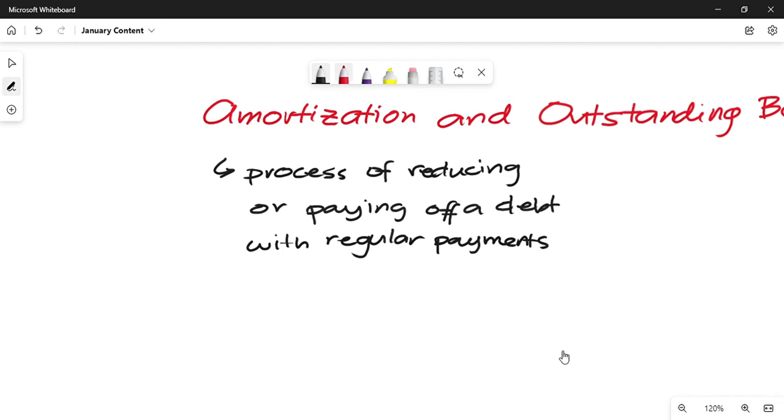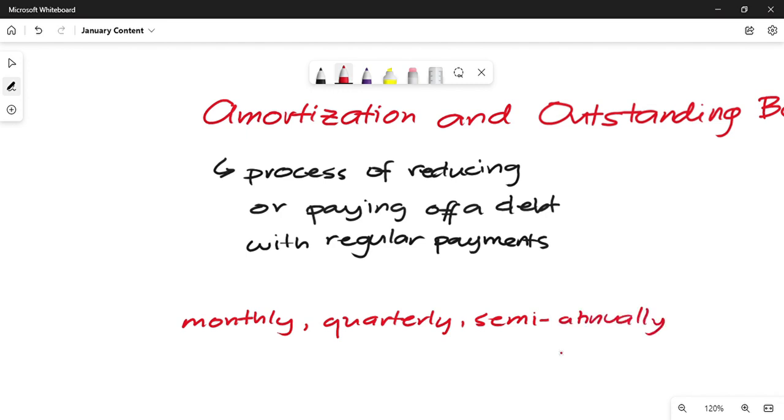So there are problems that will say they will be paying monthly, quarterly, semi-annually, or yearly. The other term for yearly is annually.